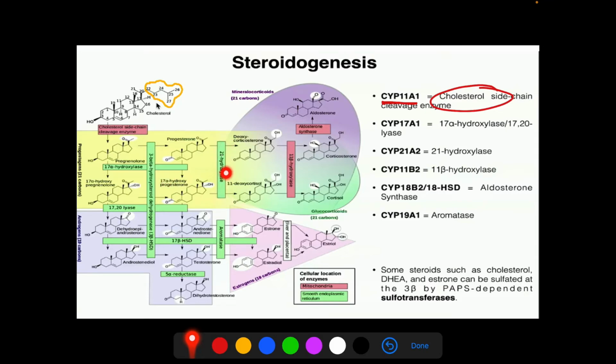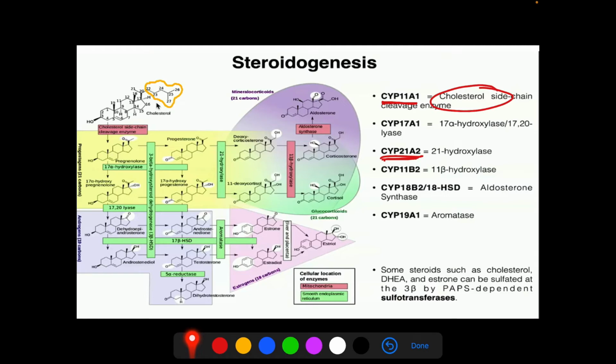So the position 21 in the progesterone, as noted by this enzyme, is going to be hydroxylated by, again, this 21-hydroxylase. 21-hydroxylase is another P450 enzyme encoded, of course, by CYP21A2.